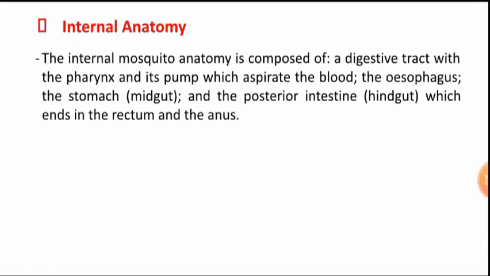About internal anatomy, the internal mosquito anatomy is composed of a digestive tract with the pharynx and its pump, which aspirates the blood, the esophagus, the stomach, and the posterior intestine, which ends in the rectum and the anus.